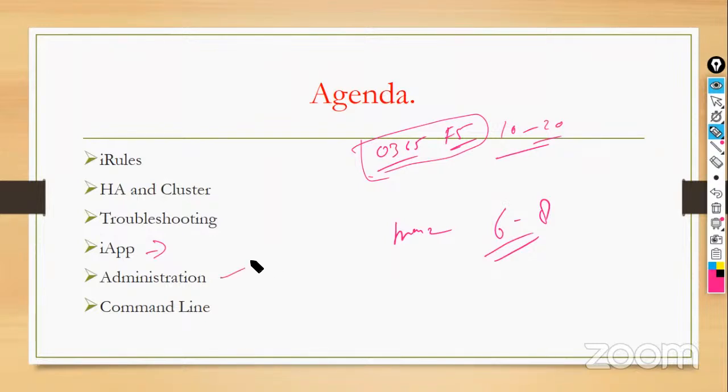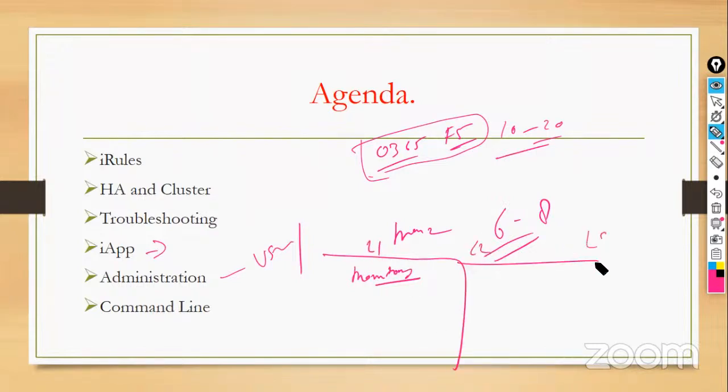Administration. We will discuss everything: how we can manage our device, how we can create users, and how we can provide access. For example, we have a team who is only monitoring your F5, and this is your L1 team, and you also have an L2 team, and an L3 team, or maybe a team that manages the certificate part, right?